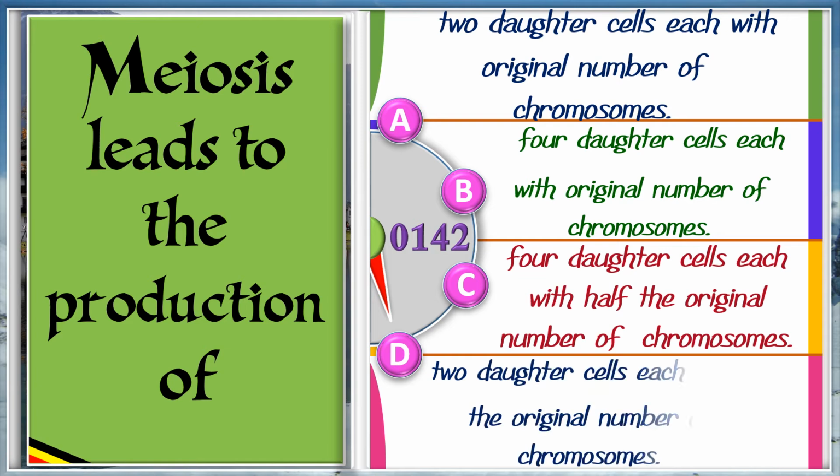D. Two daughter cells, each with half the original number of chromosomes. And the answer is C. Four daughter cells, each with the original number of chromosomes halved.